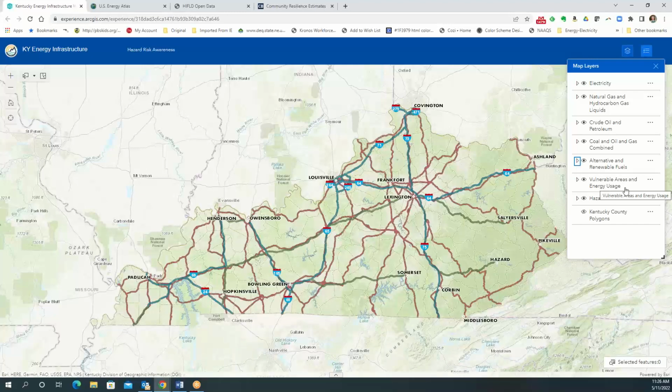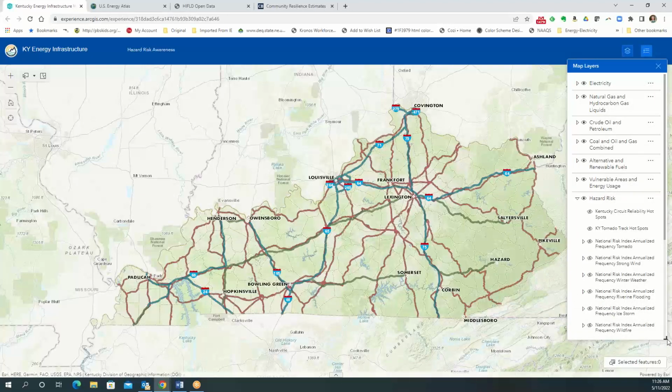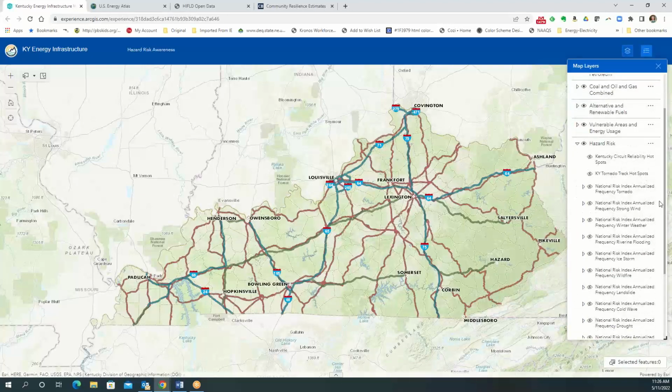Before I go into vulnerable areas and energy usage, let's go into hazard risk. So for hazard risk, I'm expanding this. We reference and utilize FEMA's National Risk Index for Natural Hazards. It is a mapping data tool, data sets from FEMA that identifies communities most at risk to 18 natural hazards.